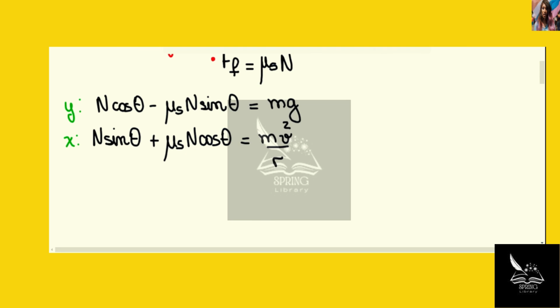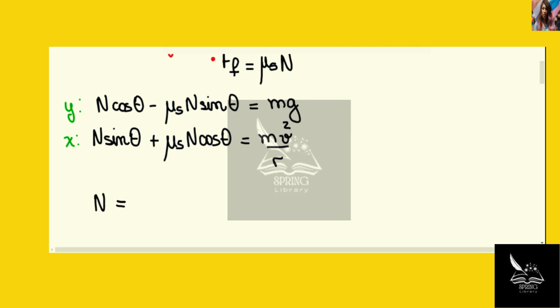Remember that our goal is to find v. So first, we have to notice that there are two unknowns. We don't know what n is, the normal force, and we don't know what v is. And it's going to be impossible to find v if we don't know what n is first. So let's do that. I'm going to take the y equation, the equation for the y-coordinate, and isolate n.